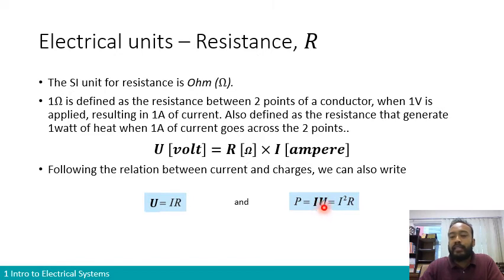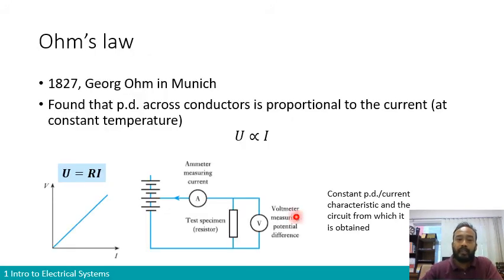So if you replace U by IR, you get power P equals I square R. In this form, power equals I square R. This is the form that we emphasize as the energy dissipated by the current. So a load that has a certain resistance through which we circulate a certain amount of current will emit a certain amount of power P, right?